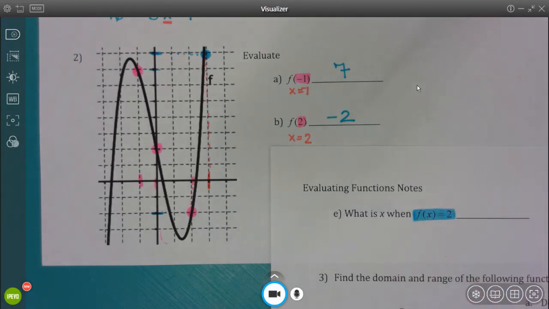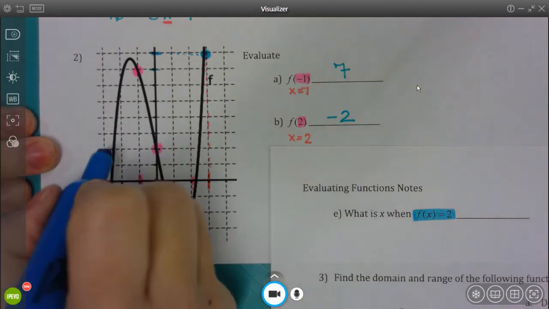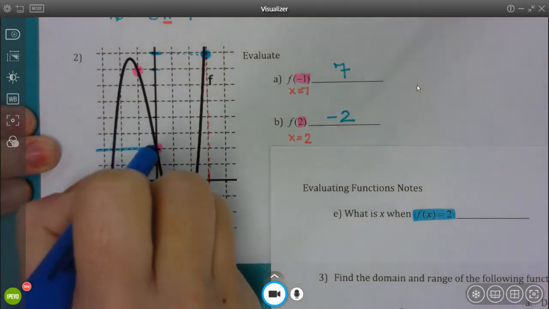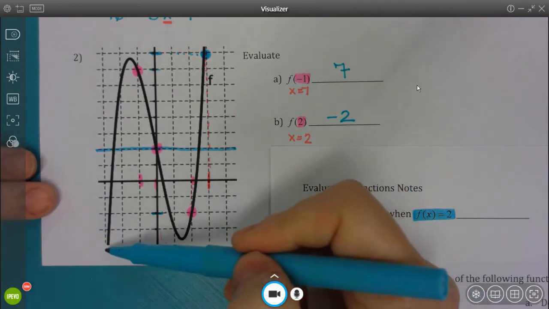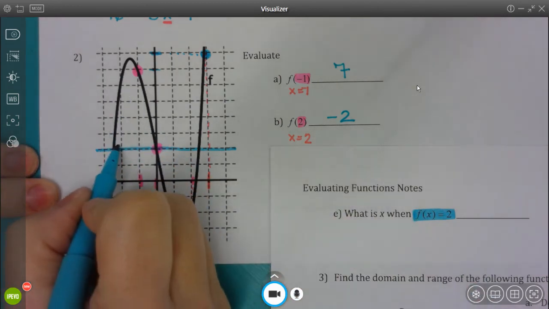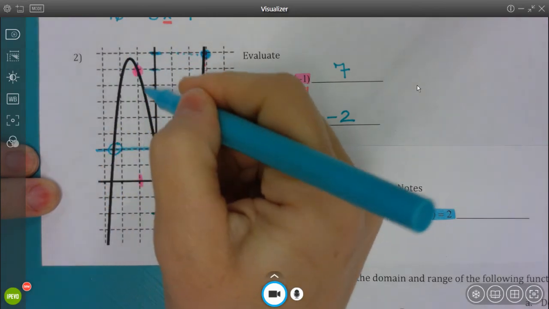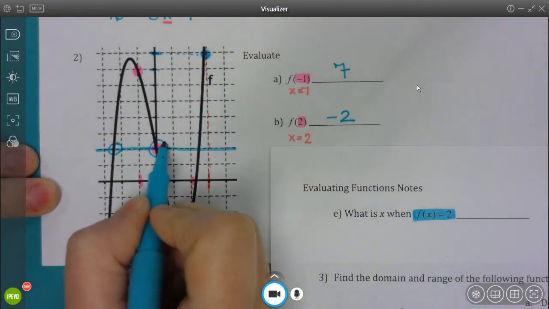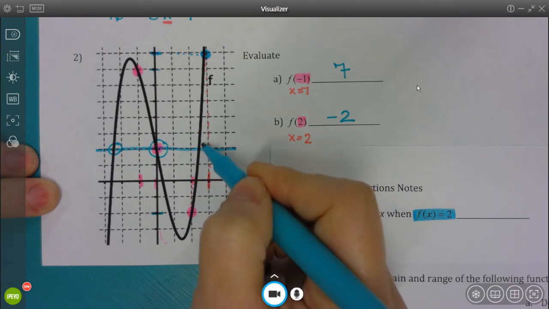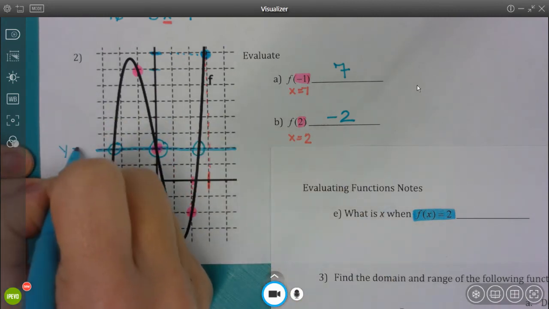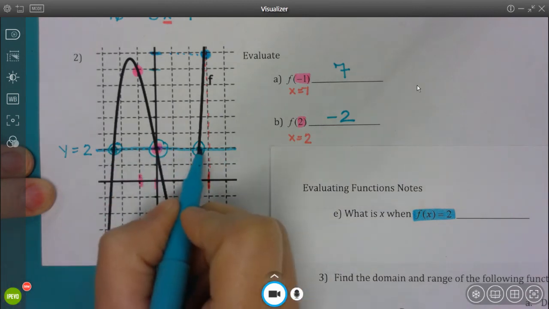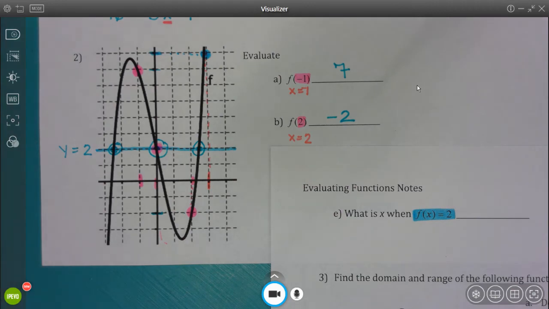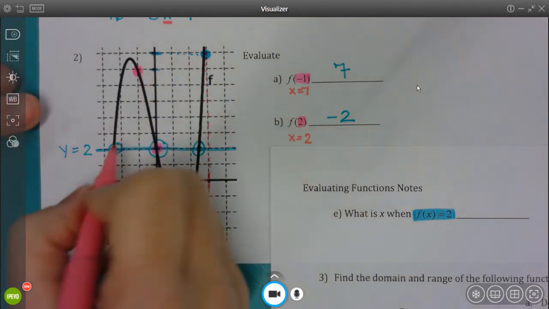Now with this one, I'm actually going to draw y equals 2 onto my graph because you'll notice if I follow along my function, I hit not once, not twice, but 3 times altogether on this line y equals 2. This point, and that point. So my goal is to find all 3 of those x values.